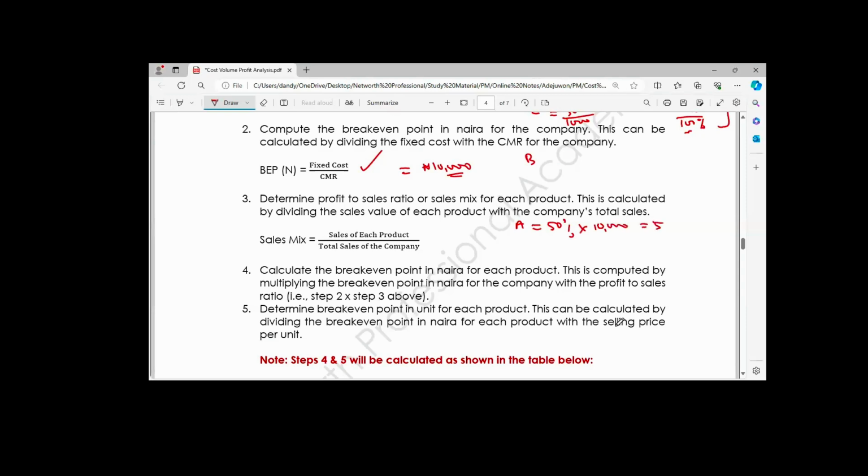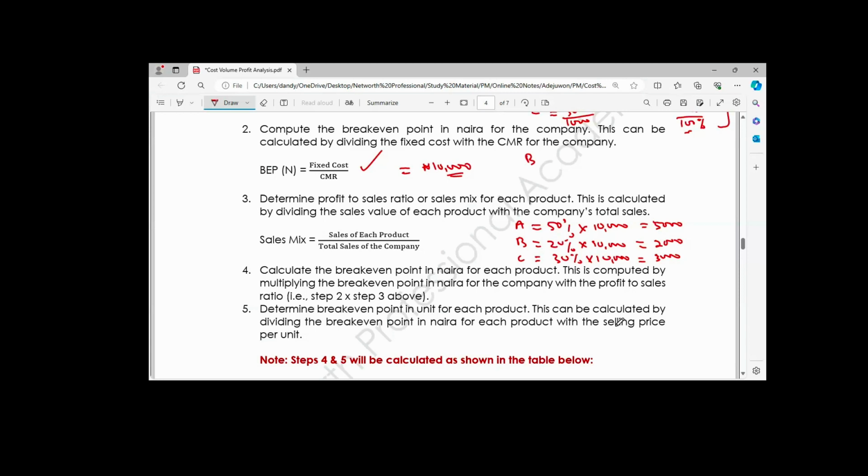This will give me 5,000 Naira. For product B, I will say 20% multiplied by 10,000 Naira equal to 2,000 Naira. Product C, 30% multiplied by 10,000 Naira equal to 3,000 Naira. So I've distributed the break-even point in Naira for each of the products.